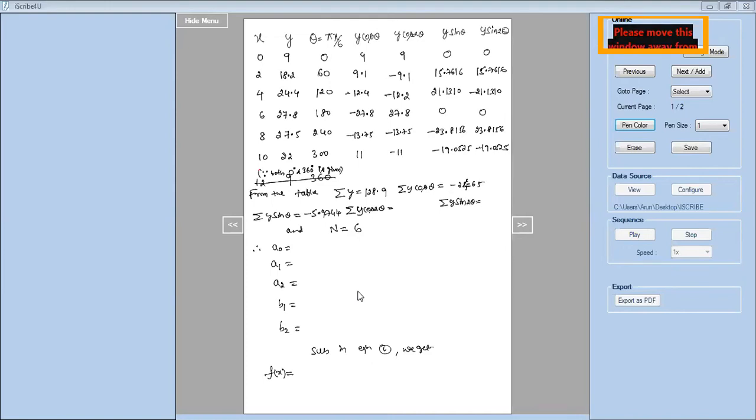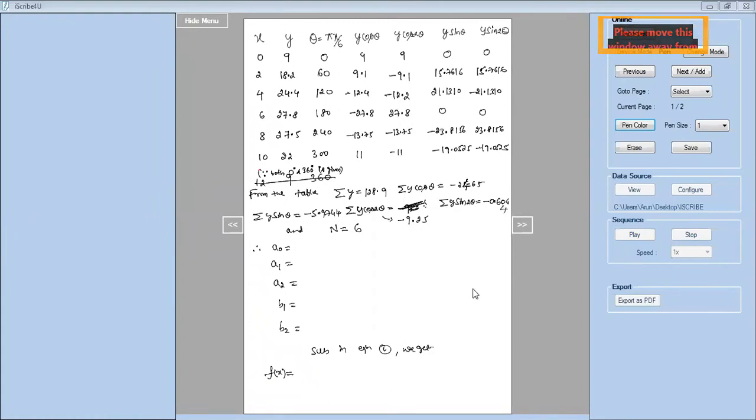Y cos 2 theta. Minus 9.25, sir. This is cos 2 theta, no? Correct. Minus 9.25. I'll write below this, it is not writing here. Minus 9.25, y cos 2 theta. Next, y sin 2 theta. Minus 0.6064, sir. Okay.